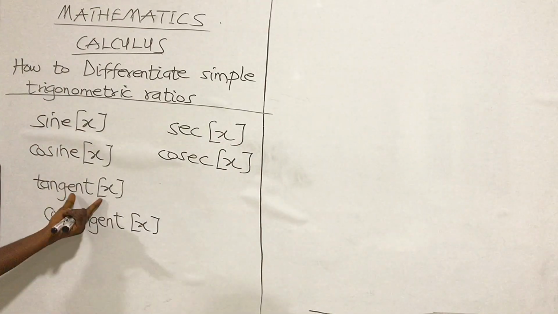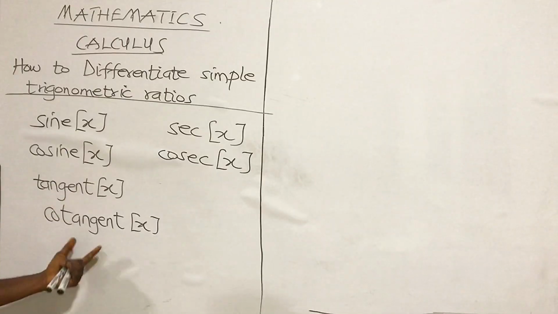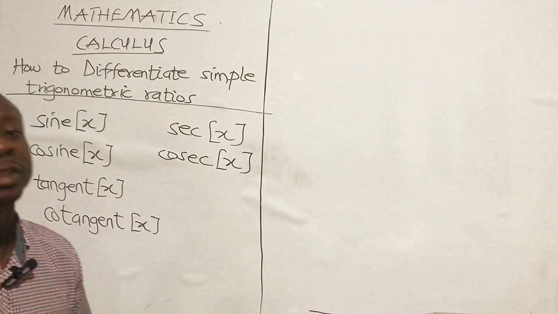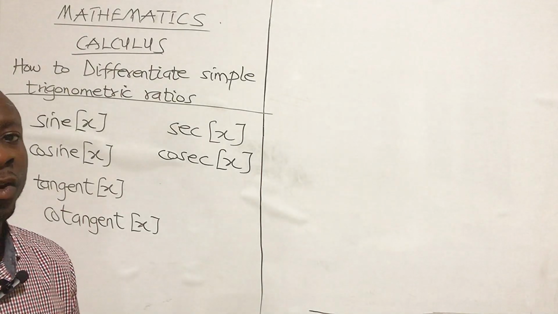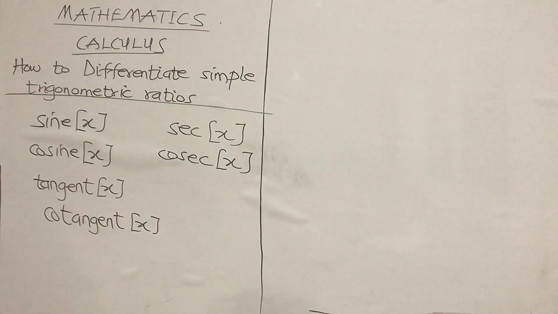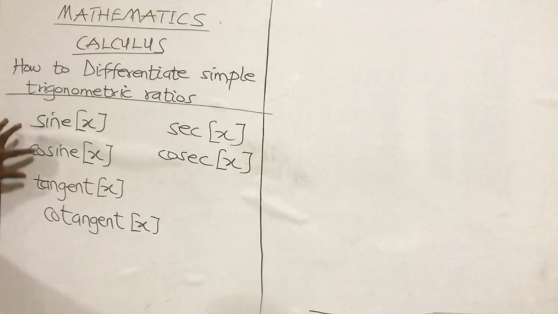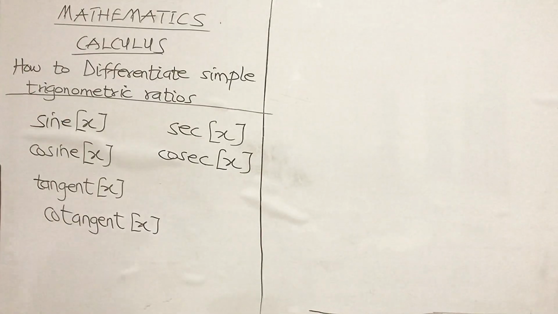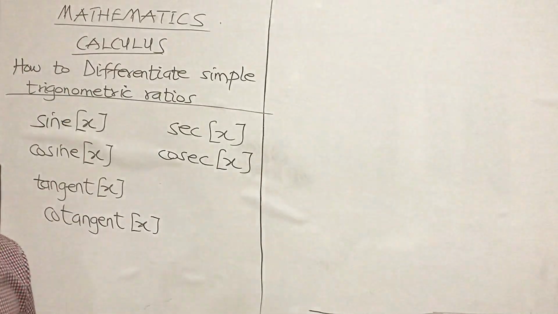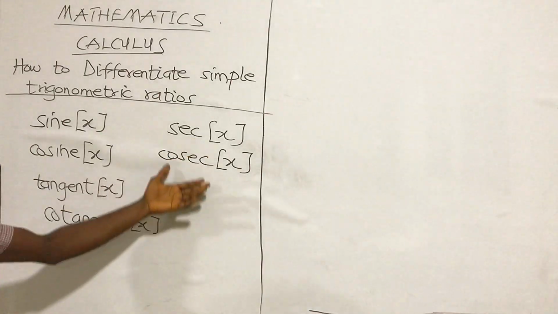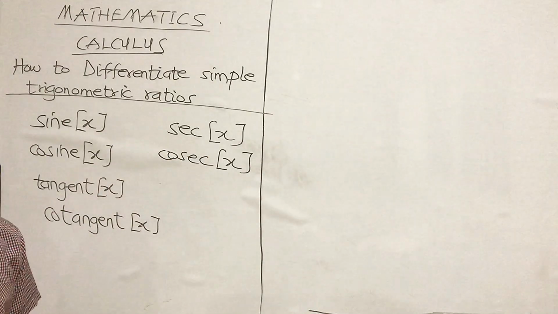They are all derived. But today we are going to focus on the sine, the cosine, and the tangent. The rest, in our next video, we are going to look at how they were derived.